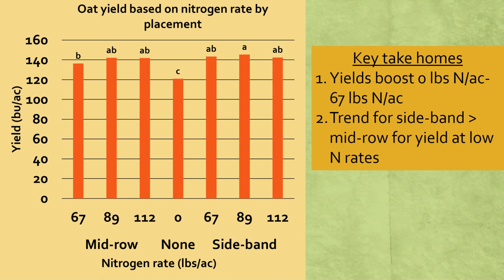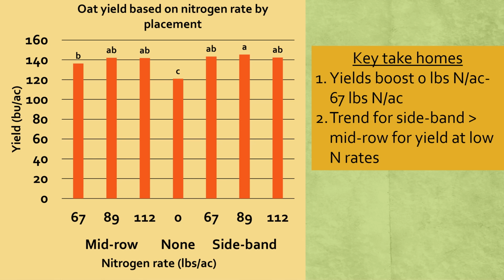And another thing that we can see is in comparing 67 pounds of nitrogen in the mid-row to 89 pounds of nitrogen in the sideband, we do see that those are significantly different from each other. And by looking at these trends, we can see that there was a difference, even if it wasn't significantly different, between 67 pounds of nitrogen in the mid-row and 67 pounds of nitrogen in the sideband, even if that wasn't statistically different.